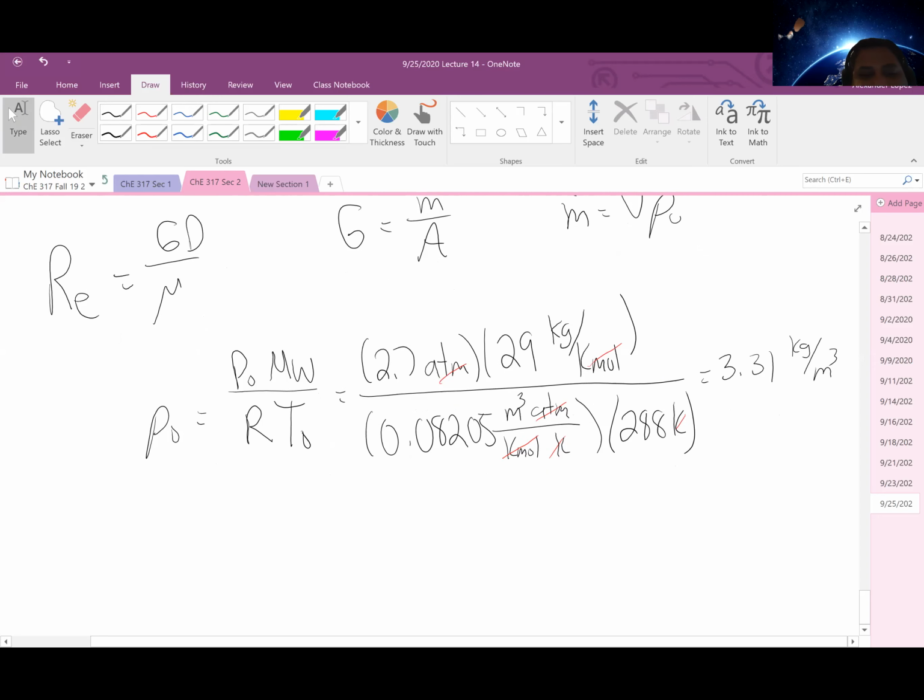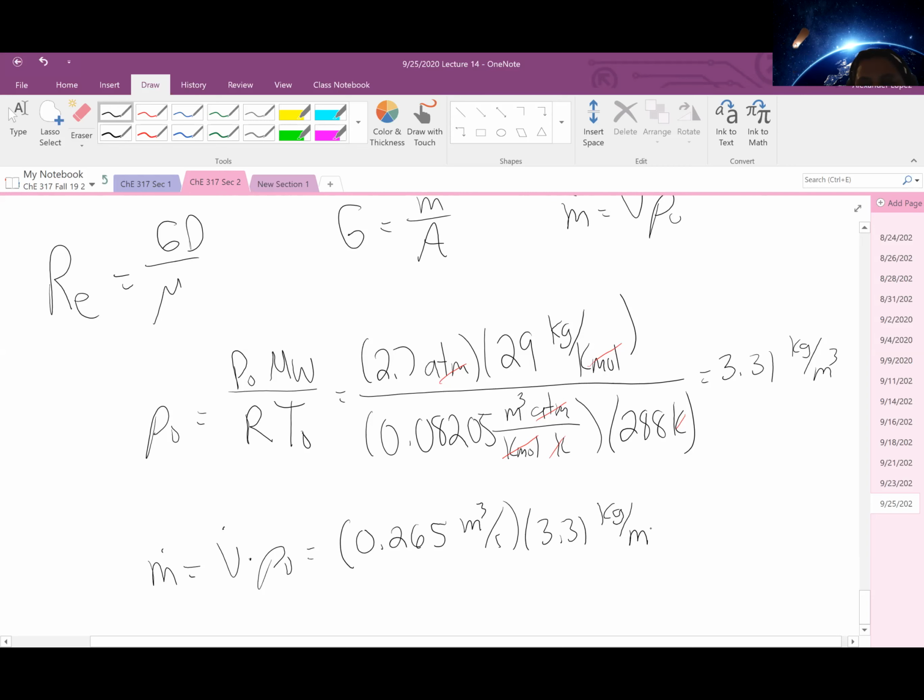Now that we have our density, we can solve for our mass flow rate, which is our volumetric flow rate times our initial density, or 0.265 cubic meters per second times 3.31 kilograms per cubic meter, which equals about 0.878 kilograms per second.